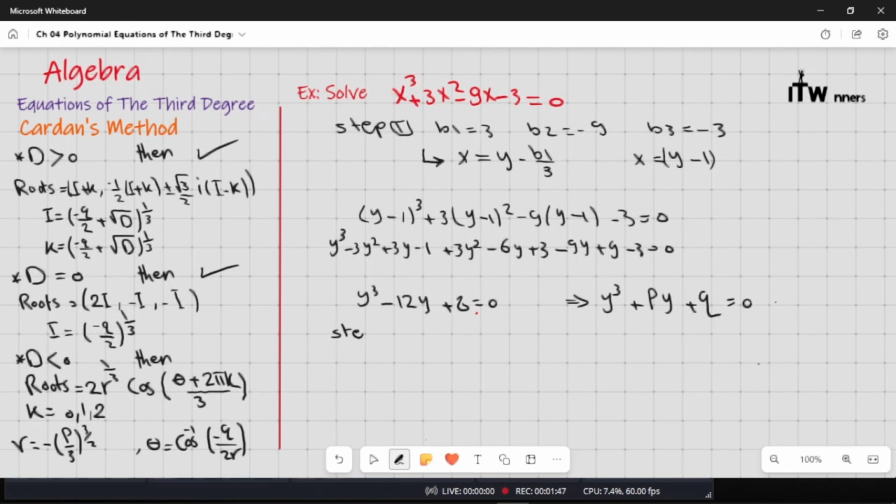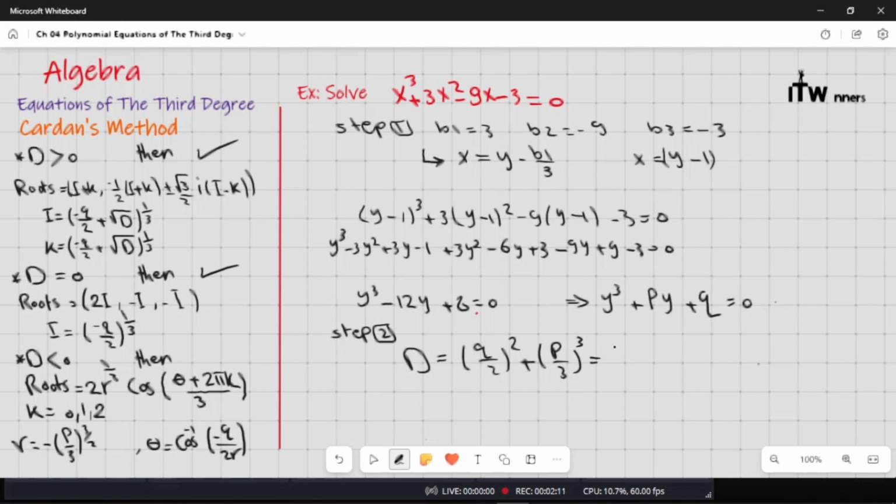Step 2, to determine our characteristic. So here d equal to the square of half of q plus the cube of p by 3.